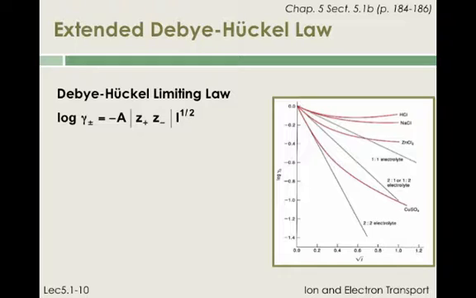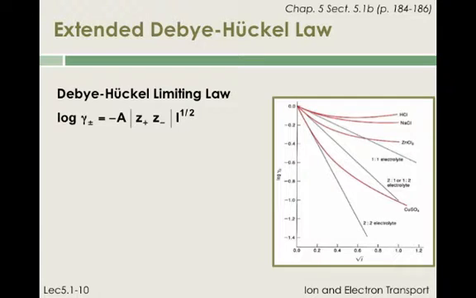Examination of the limiting law also suggests that the magnitude of this slope should increase with increasing ionic charges on the electrolyte. So a 1,1 electrolyte, such as sodium chloride, should exhibit a slope that is half the slope of a 1,2 electrolyte, such as zinc chloride, or a 2,1 electrolyte, such as sodium sulfate, and should have a slope that is a quarter the slope of a 2,2 electrolyte, such as copper sulfate.